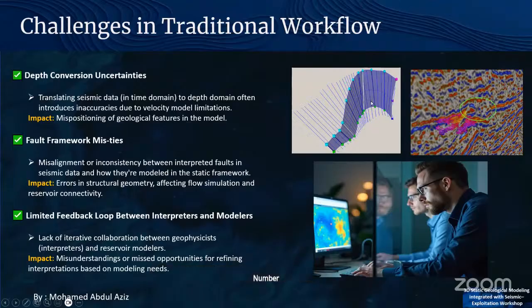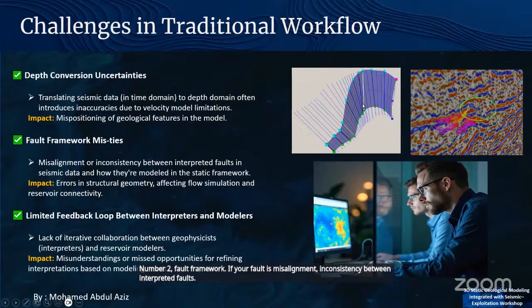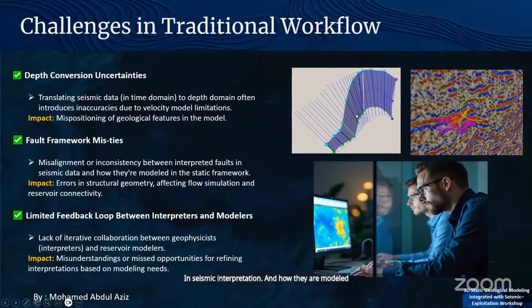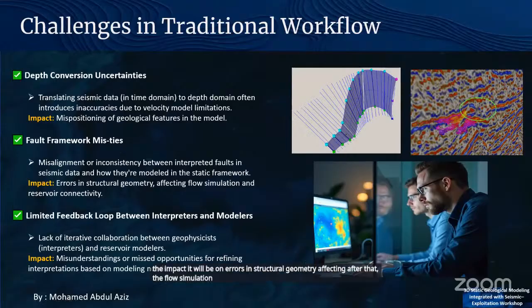Number two, fault framework mistype. If your faults are misaligned, there is inconsistency between the faults interpreted in seismic interpretation and how they are modeled in the static framework. The impact will be errors in structural geometry, affecting the flow simulation and reservoir connectivity afterward.